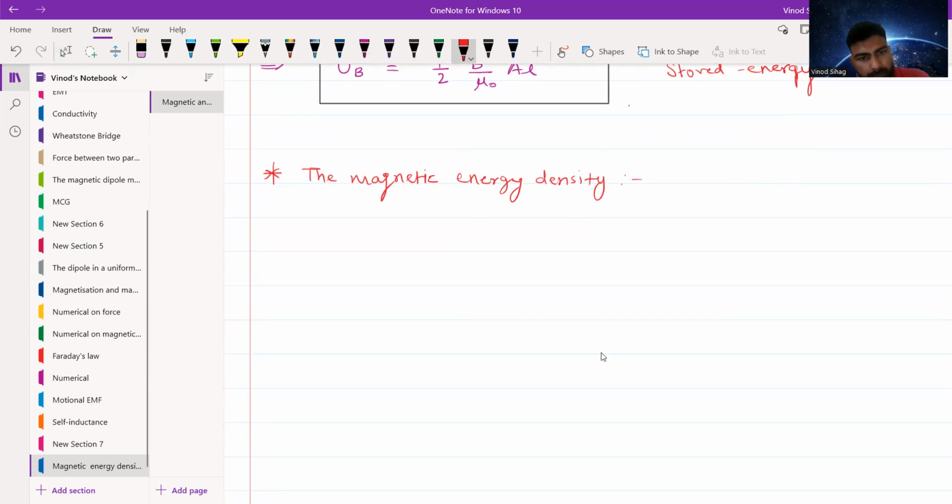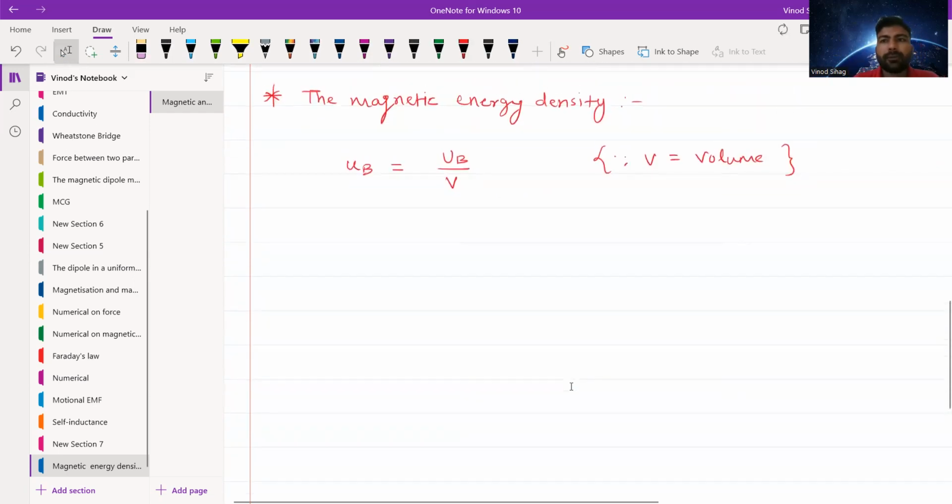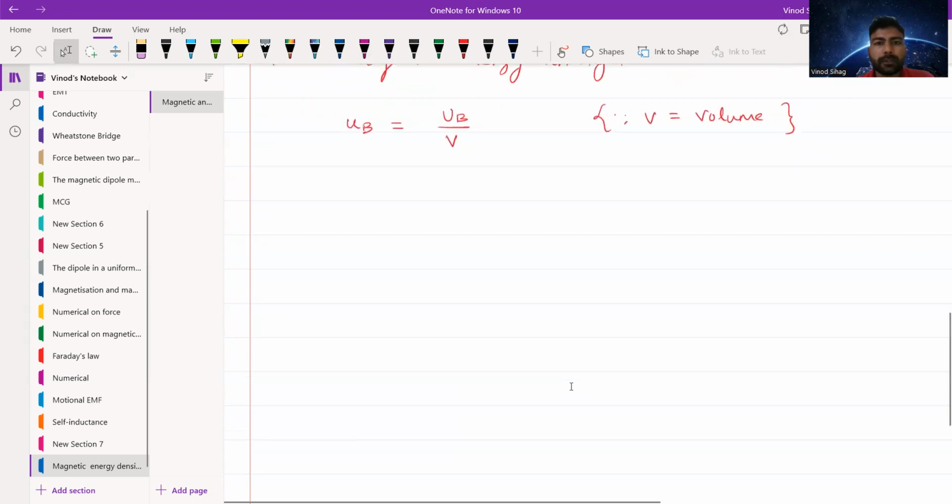So basically it is written as little uB equals capital UB divided by V, where V is the volume. Now, what will be the volume? We know that the cross-sectional area into length is called the volume. So the equation will become little uB equals capital UB divided by area into its length.